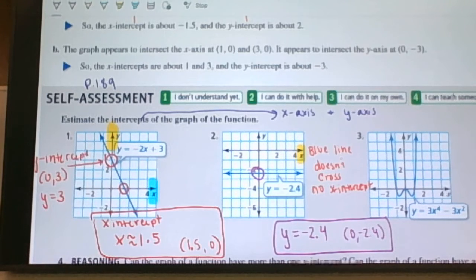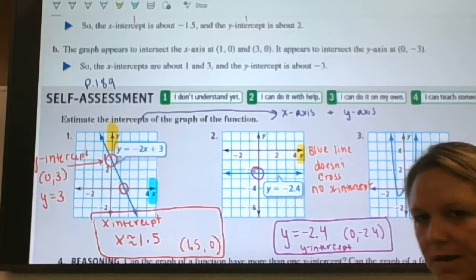This is the y-intercept. You guys try to find the right answer on number 3. You don't have to find them all. But now that I've done 2, you guys try number 3.